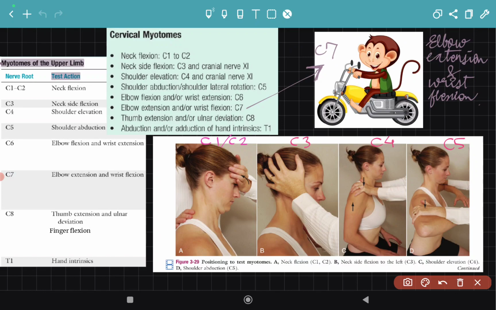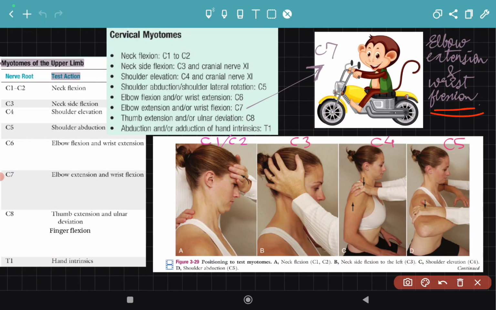Considering that, we can remember. To maintain the distance, generally the elbow will be extended and the wrist slightly flexed. So we can remember the C7 myotome as the bike ride position for the upper limb.